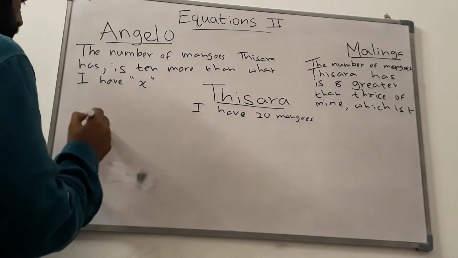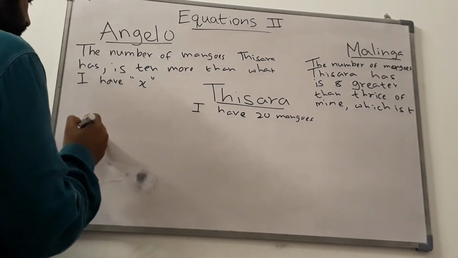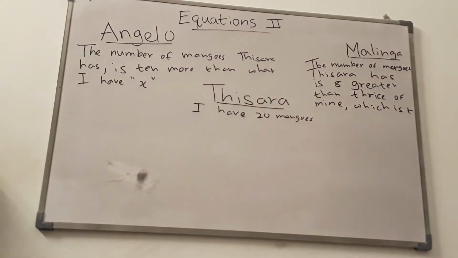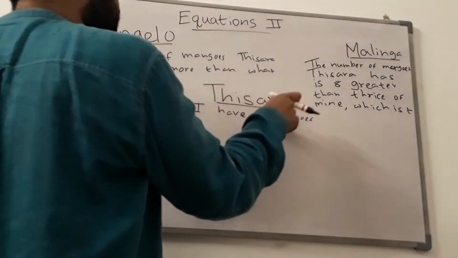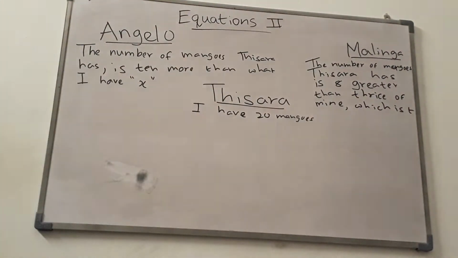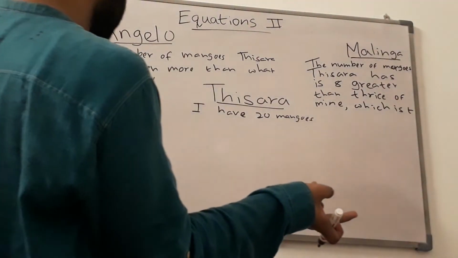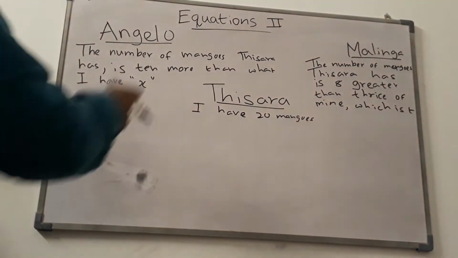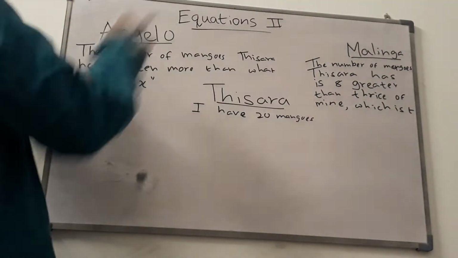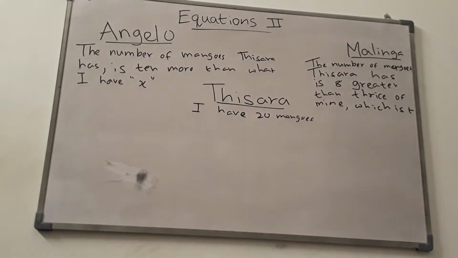Angelo says the number of mangoes Tissara has, that means these 20 mangoes, is 10 more than what Angelo has. The number of mangoes Angelo has is X. So 10 more than X is what Tissara has in terms of X.